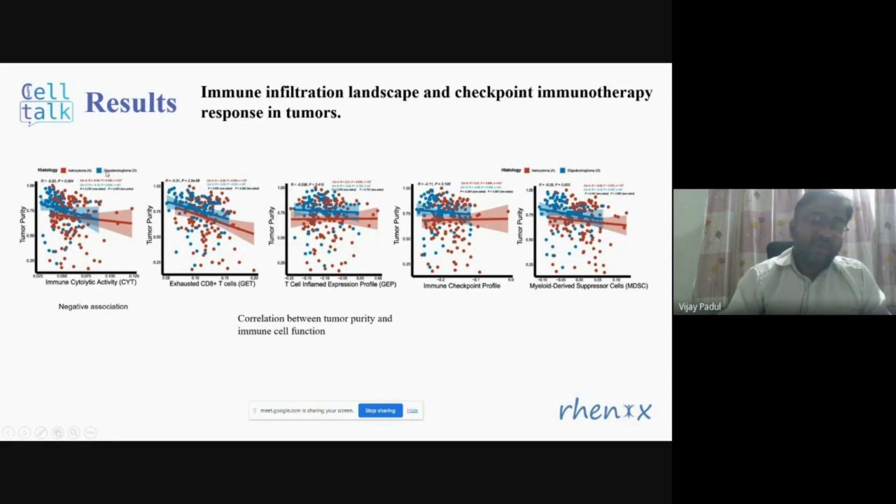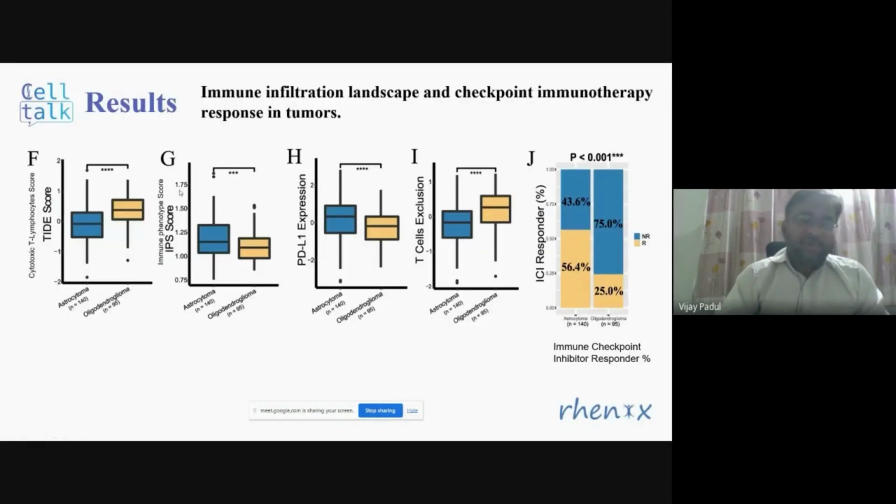And this is more prominent with respect to the oligodendroglioma. As you can see, most of the blue points representing oligodendroglioma are more towards the high purity side. Then here they studied the different scores that are related to the immune checkpoint immunotherapy response: the TIDE score, which is a measure of cytotoxic T lymphocyte infiltration, the immune phenotype score, PD-L1 expression, and T cell exclusion.